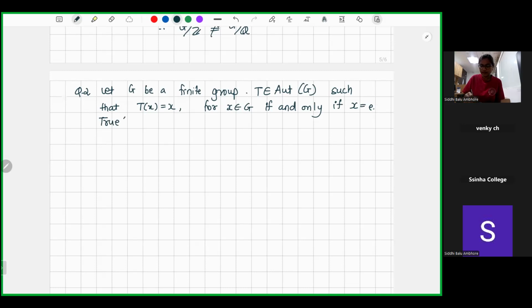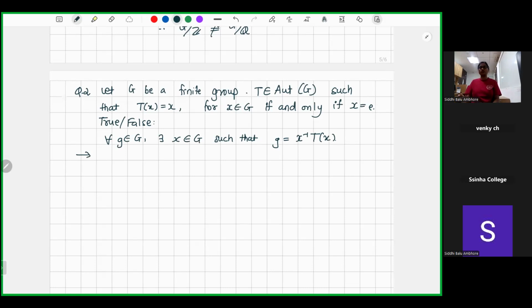And then true or false: for all g in G, there exists x in G such that g is equal to x inverse Tx. This is what they have asked.